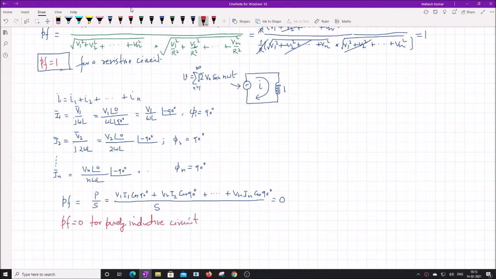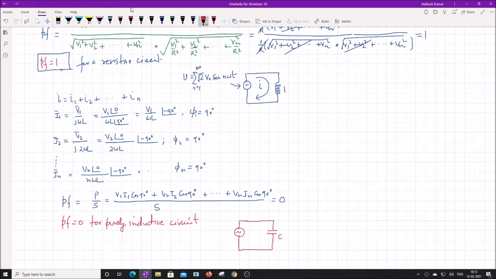The same way we can prove that for a capacitive circuit, if we use this circuit instead of the inductive circuit, other things are the same. This is C now. Everything remains the same.